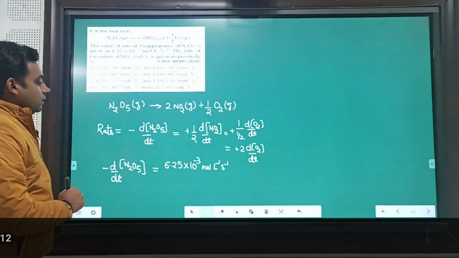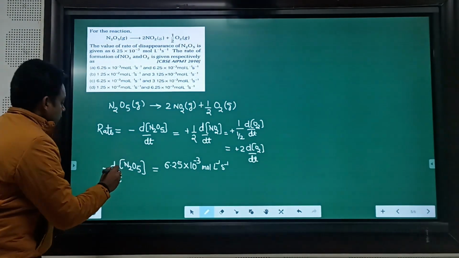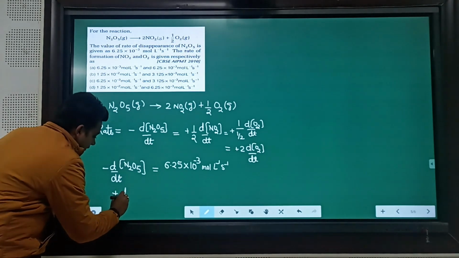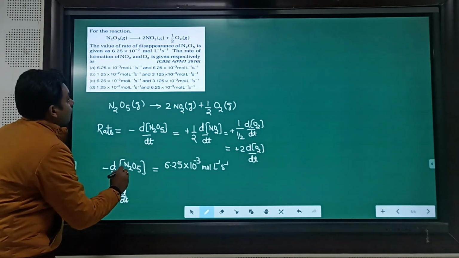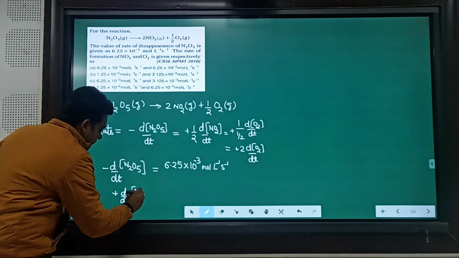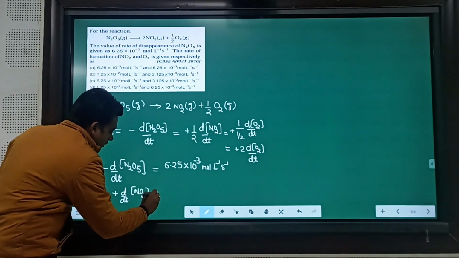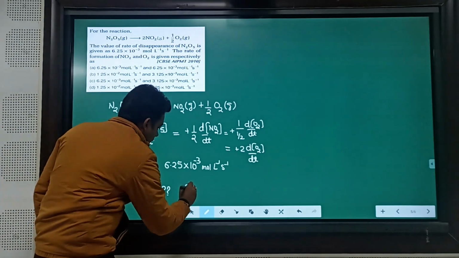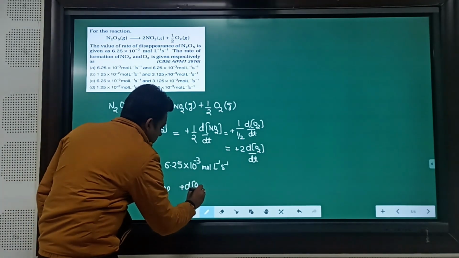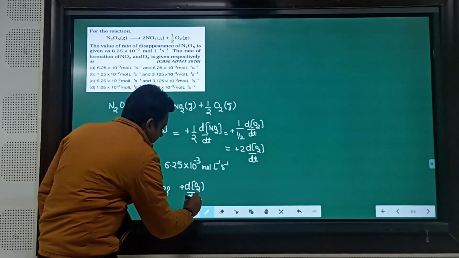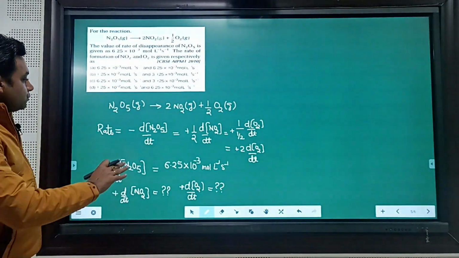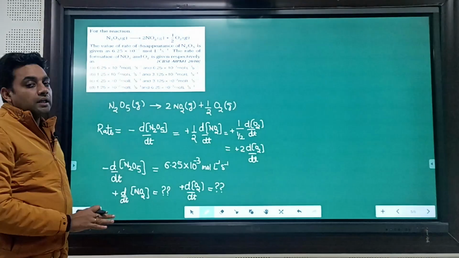So that is the given parameter, and we have to calculate the rate of formation, meaning plus d/dt for NO2 is our target, and the second target is the rate of formation of oxygen, d[O2]/dt.